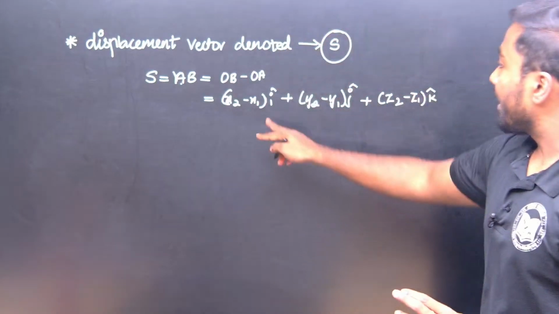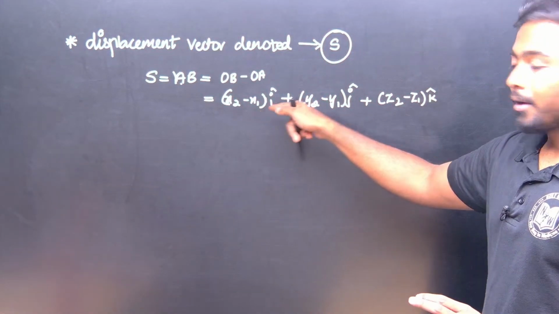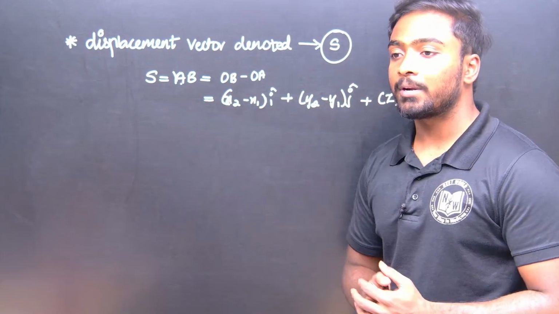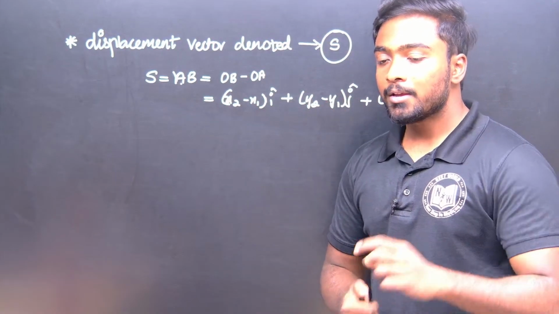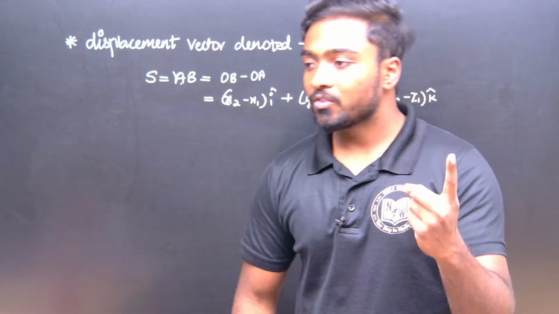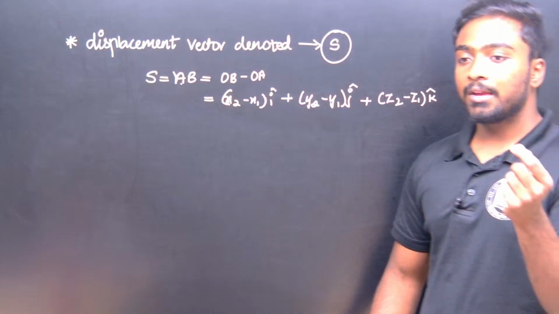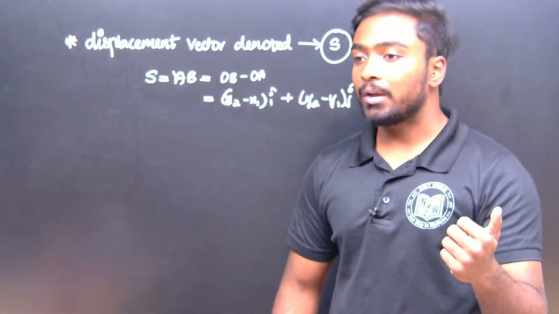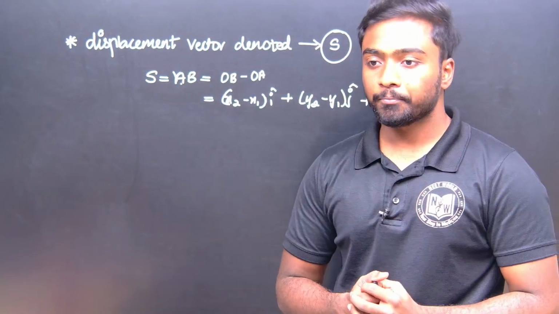When I take x2 minus x1, y2 minus y1 and z2 minus z1, it will give the displacement of a particle. So one is position, second is displacement. The position vector gives the exact position of the object, and the displacement vector gives the change in position of the object.